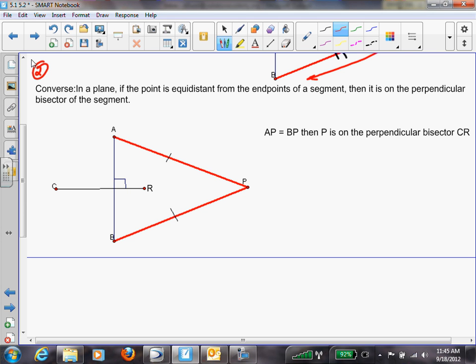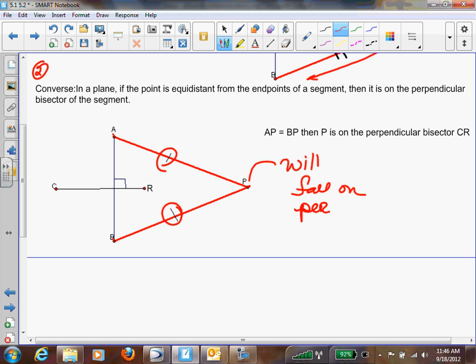The converse of the perpendicular bisector theorem says if we have a line segment AB and I put this point P outside, and I connect and create a triangle to these endpoints and indicate that they are congruent, then we know that P will fall on a perpendicular bisector.